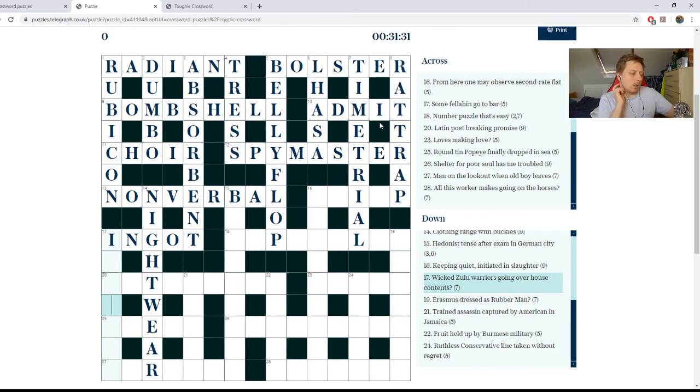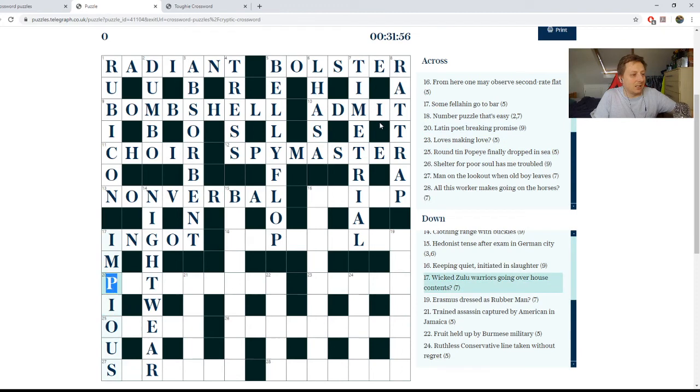So, house contents probably means we're putting something in something else. So, in is a house, probably. Oh, yes, the contents of house are OUS. I really like that. Oh, is this going to be impious? Yes, this is impious. This is fun.